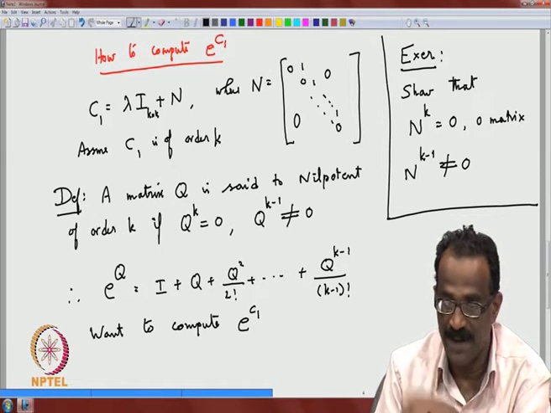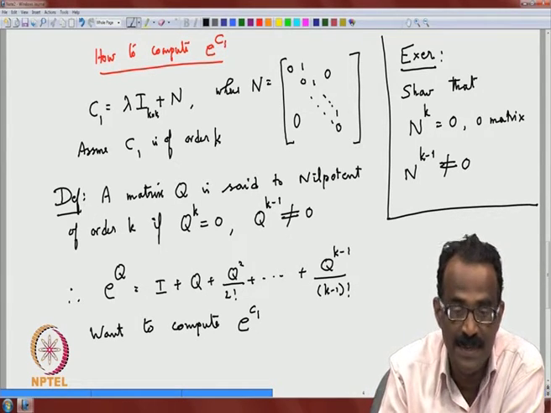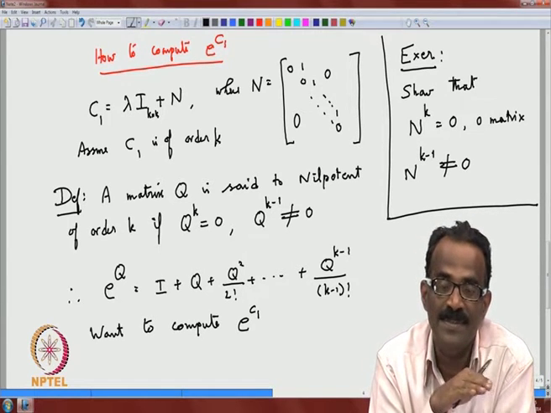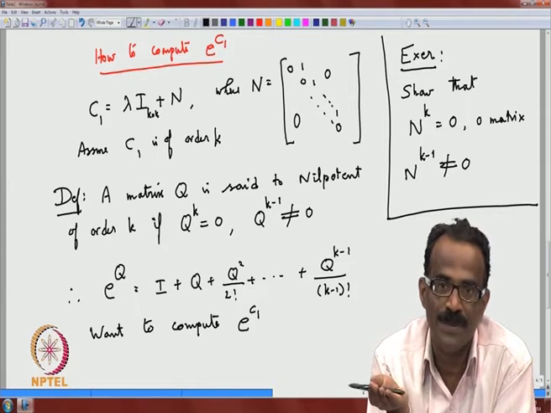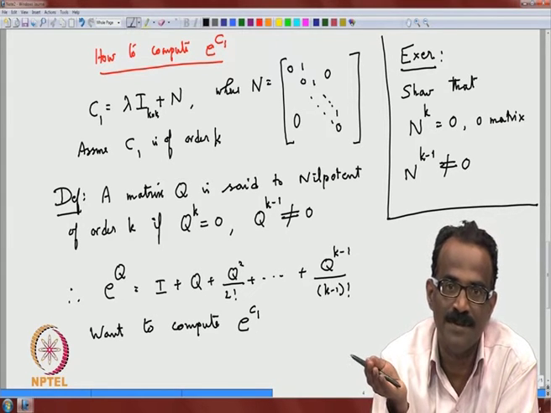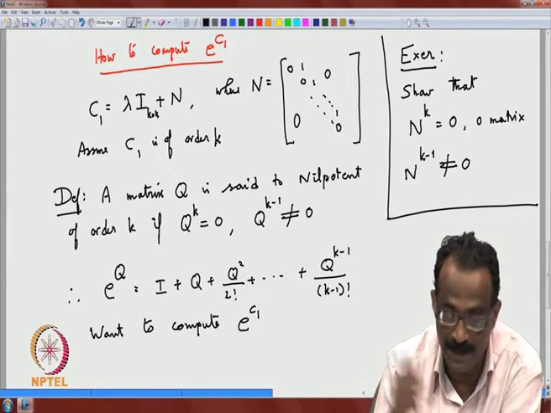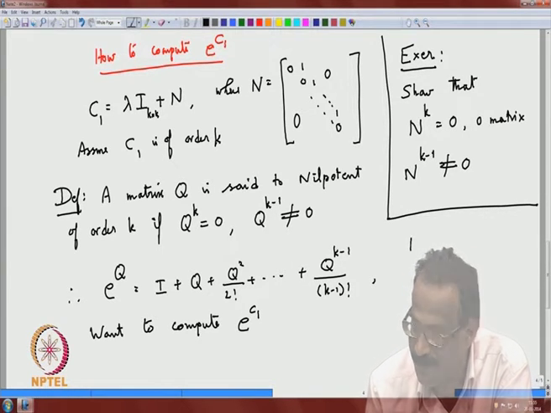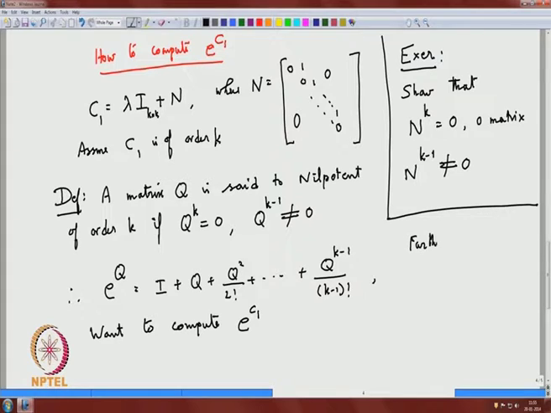C1 is of the form lambda I plus N. The interesting fact is that one of the matrices is identity, and identity and N will always commute. Any matrix with an identity matrix will commute. So lambda I and N commute, that is an important thing. If there is no commutation you cannot write this.